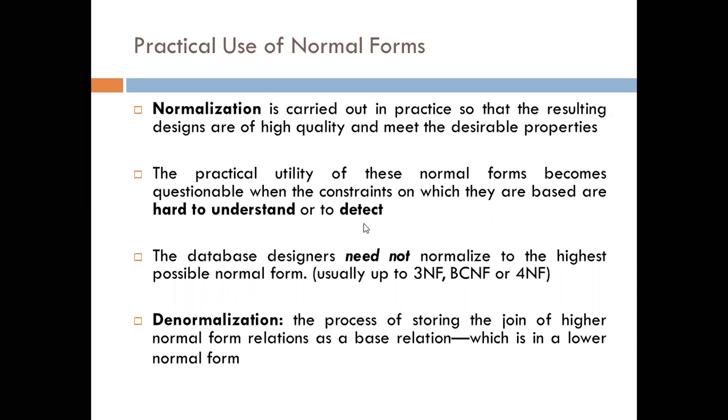If we do the reverse, we join the tables. When we join, it fails the tests and goes down to some lower normal form. That process is called denormalization. Denormalization is also done in a few cases when required.